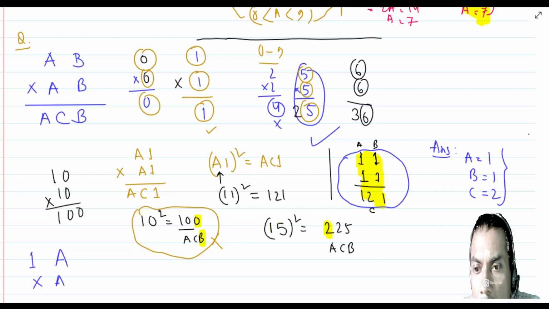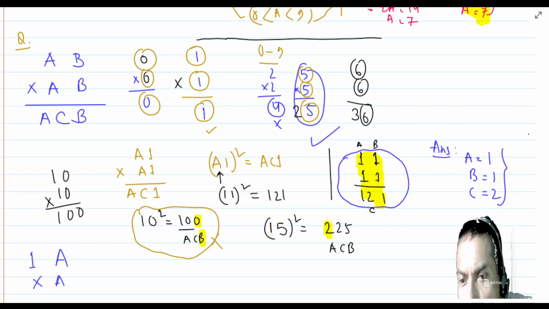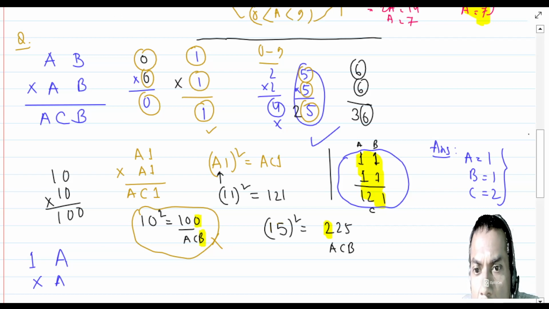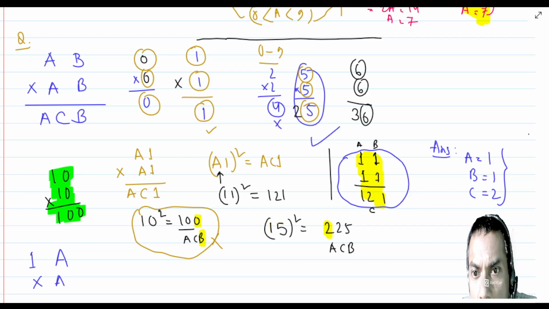So again we discussed the 10 squared. For 10 squared we get 10 into 10 is equal to 100. Here the b's are 0, that is okay. A also is okay, but the problem is with the C actually.